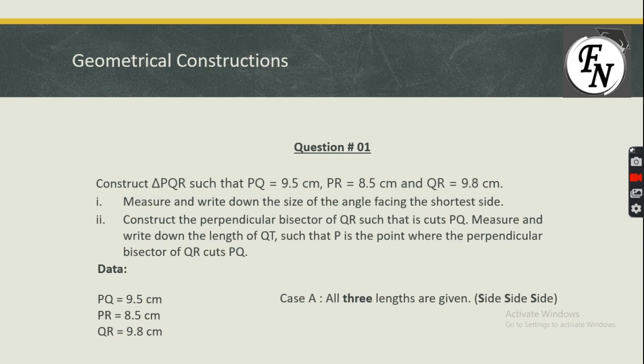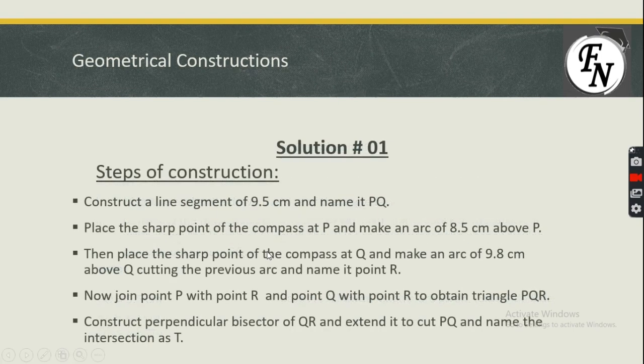and we will name the intersection as point T. So I have copied the data, that is PQ is 9.5 centimeter, PR is 8.5 centimeter, and QR is 9.8 centimeter. So looking at the steps of construction, first construct a line segment of 9.5 centimeter, and we will name it PQ.